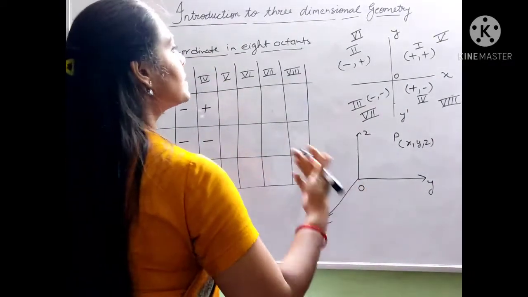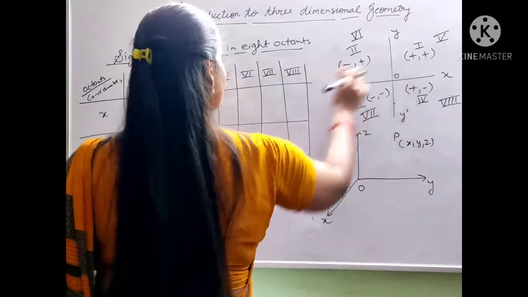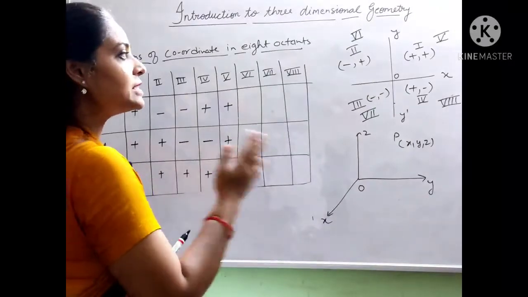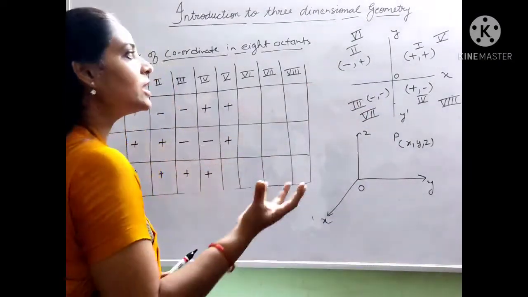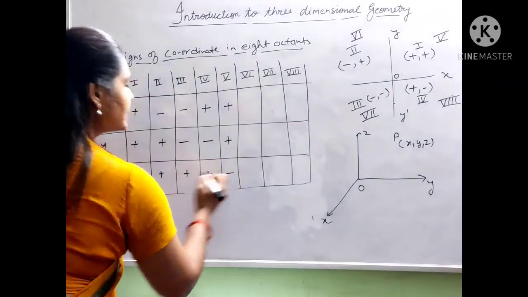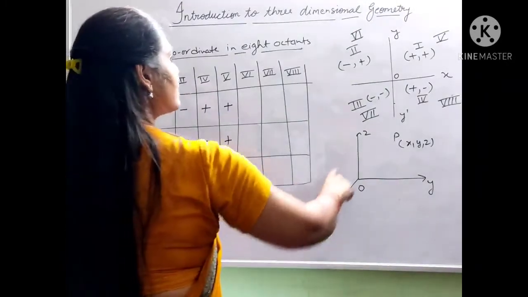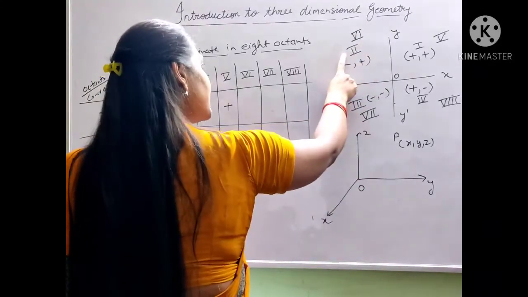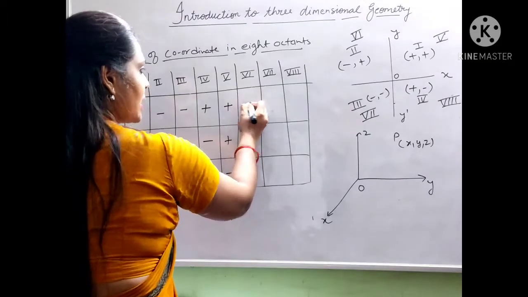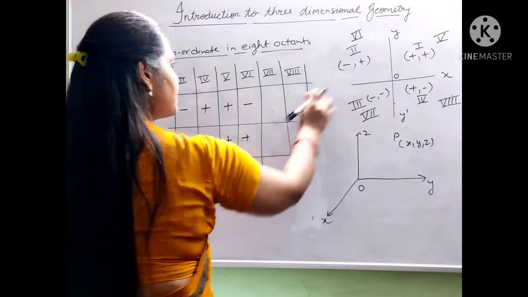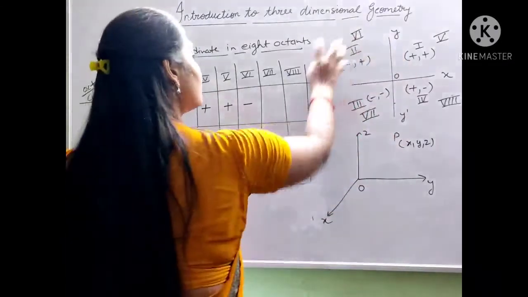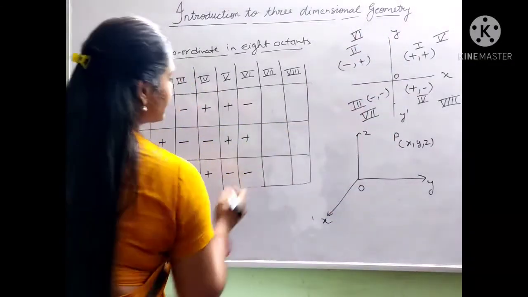So the fifth octant is behind the first quadrant. The x and y coordinates will be the same, and z is behind the wall. We have to dig a hole to get the point, so z gets a minus sign. In the same way, the sixth octant is behind the second quadrant. The signs of x and y are the same as in two-dimensional geometry, and to get the value of z we again have to dig a hole, so the value of z is minus.